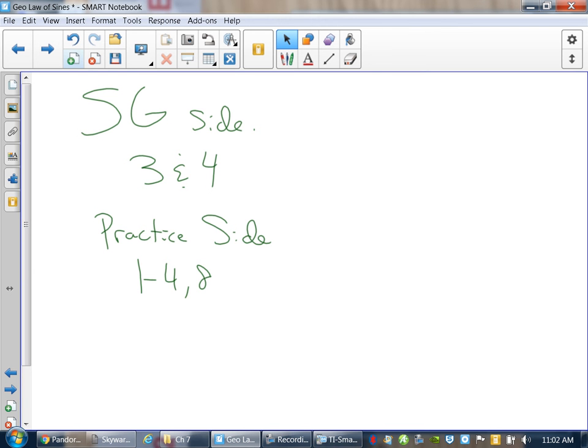Like number 3 and 4, you see how it just says solve for, find R, find little s. That means you only have to find one part. But on the other one it says solve the triangle. That means you find all the parts. Also, it says round to the nearest hundredth. Yeah, always go to the hundredth.